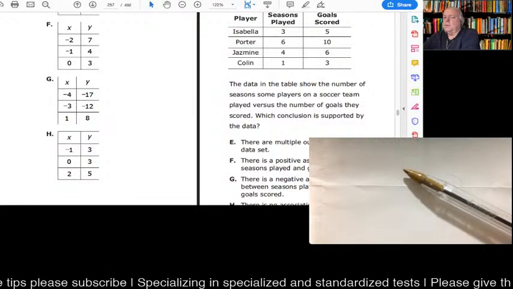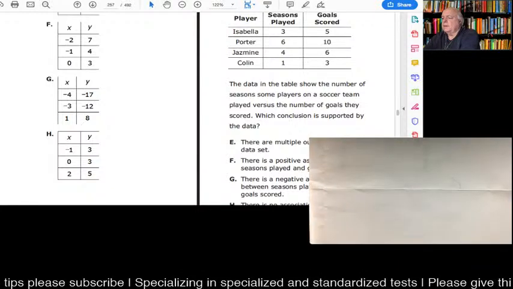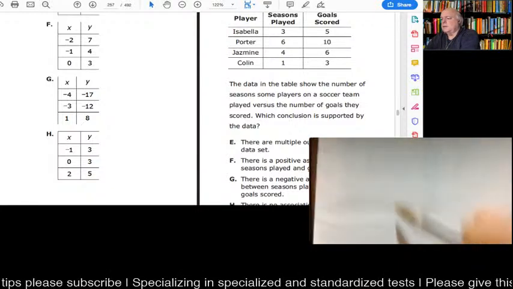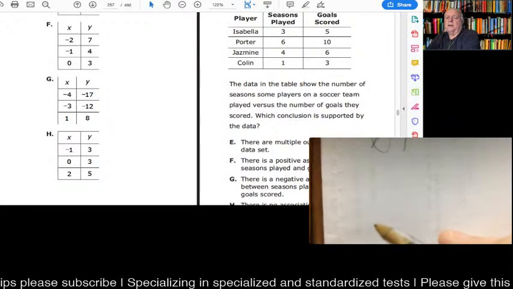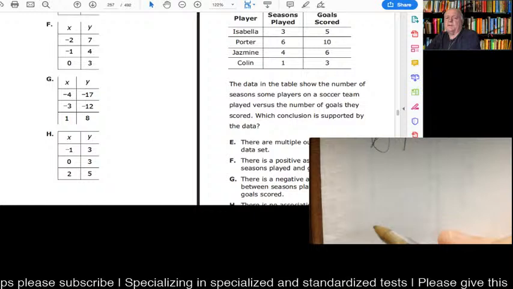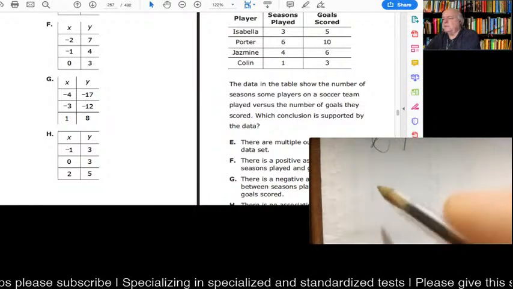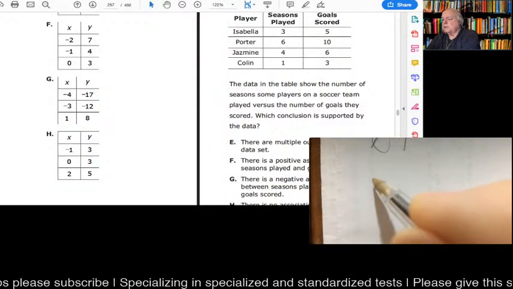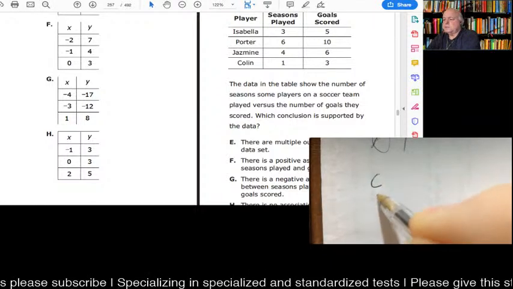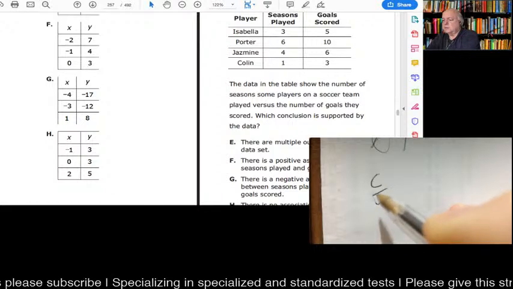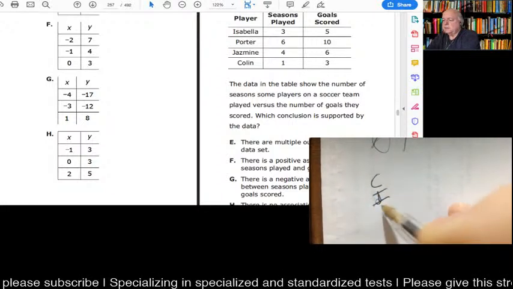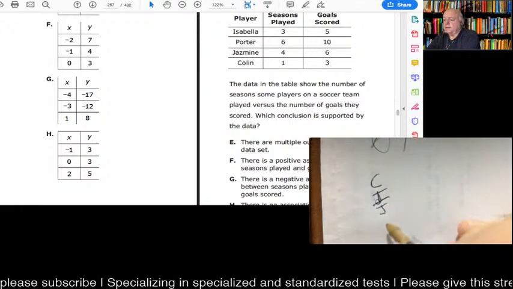So why don't we bring our data in some sort of organized form. Isabel is the one who's out of place, but let's put it in order from lowest to top. So Colin, Isabel, Jasmine, and then Porter.